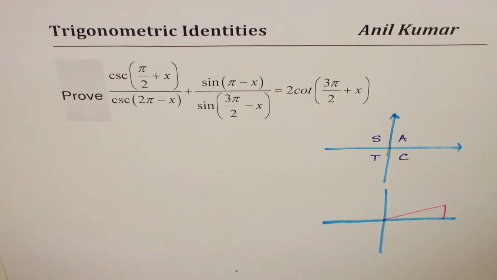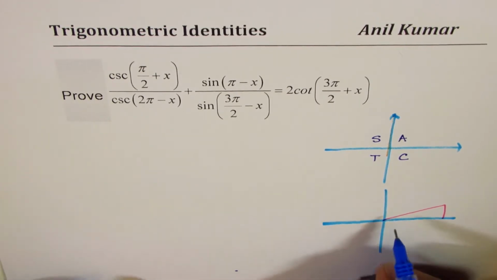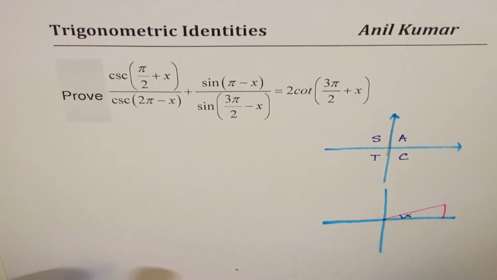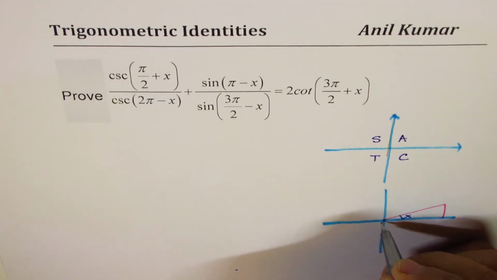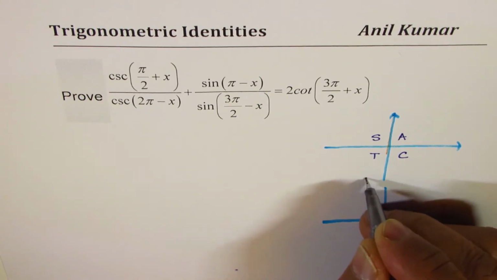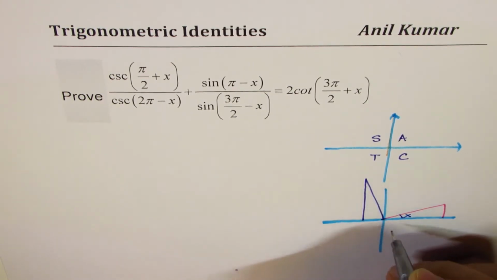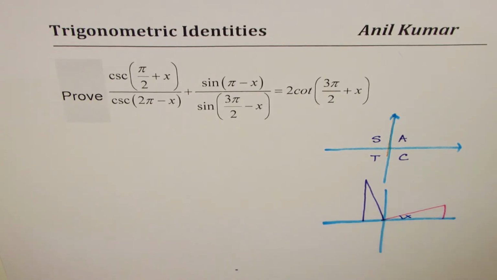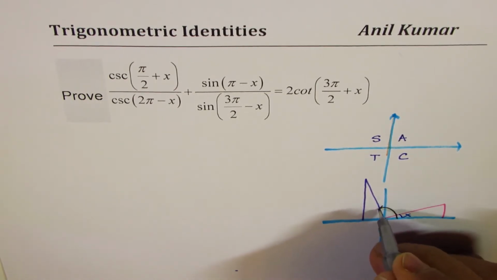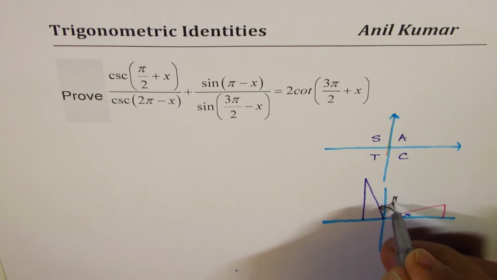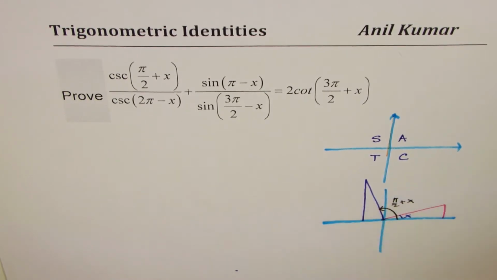Let us say the first triangle is with the angle x. The other one, pi/2 + x, will be like this. In this case, the angle we are talking about is this angle, which is pi/2 + x.